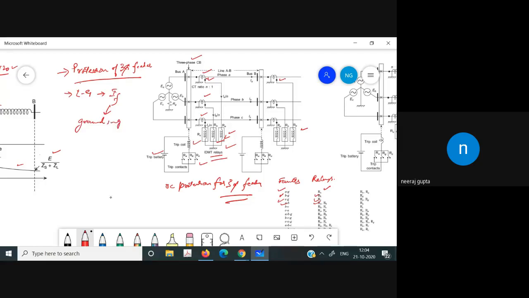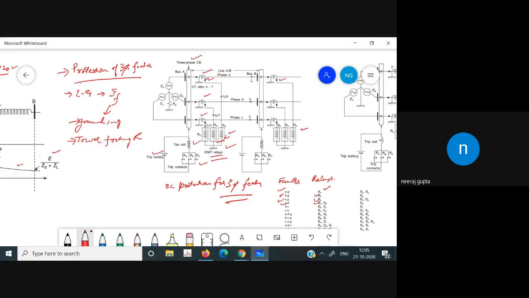And secondly, it depends upon the tower footing resistance, that is, what is the footing resistance of the tower in which it is connected. So line to ground fault current depends upon the grounding, what type of grounding we have used, and second is the tower footing resistance.